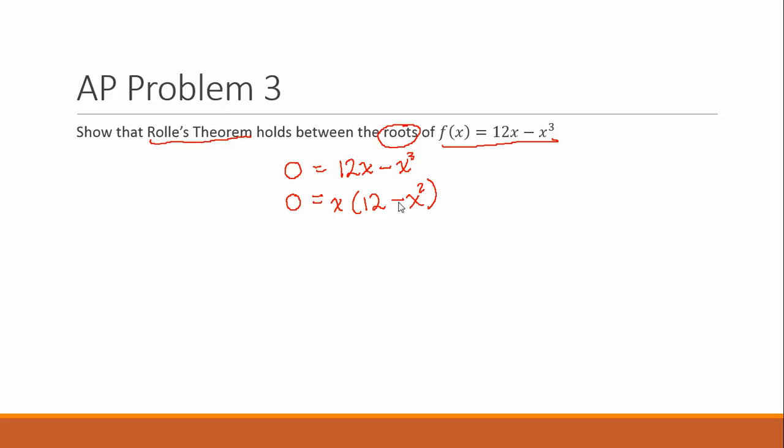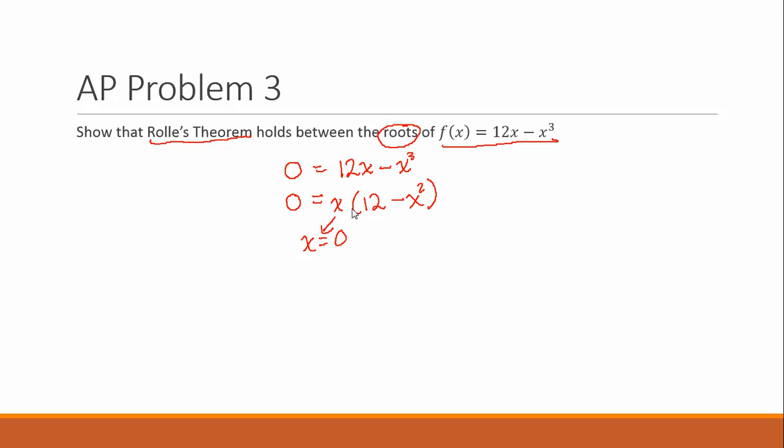But let's see if we can solve this first without having to make any huge changes. By the zero product property, something times 0 is always 0. So if we make x equal to 0, the whole thing equals 0, and then we found one of our roots. So we already know x is equal to 0, which comes from right here.